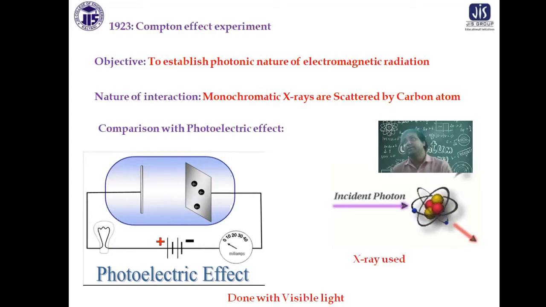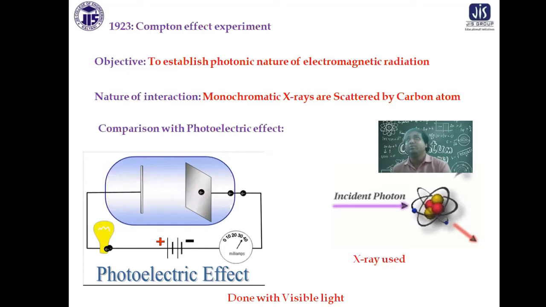But X-ray is a very similar optical phenomenon. There also photons will be coming in, radiation will be coming in. But in the Compton effect, it is X-rays that come in. The left-hand picture is the photoelectric effect, where an optical wave, that is ordinary light, hits the metal. In the right picture, X-ray hits an atomic system.